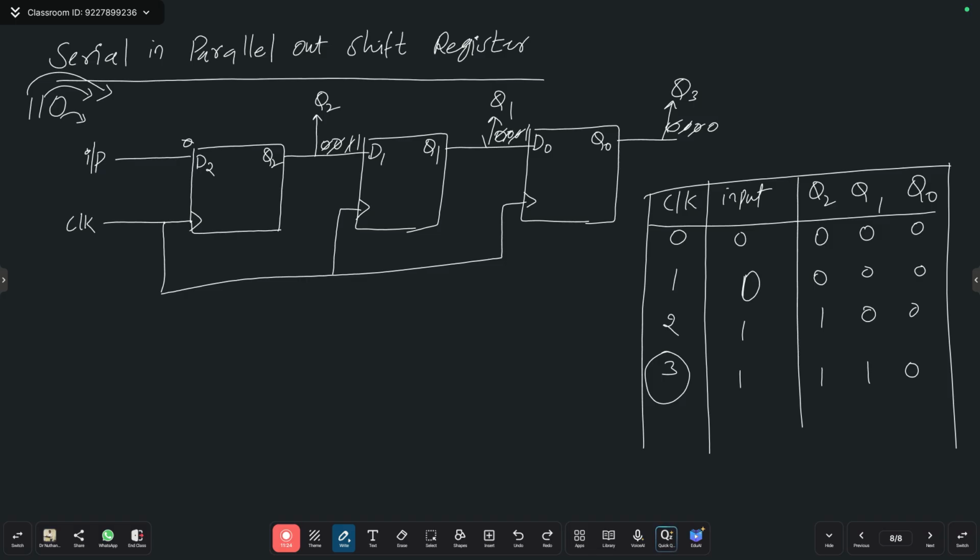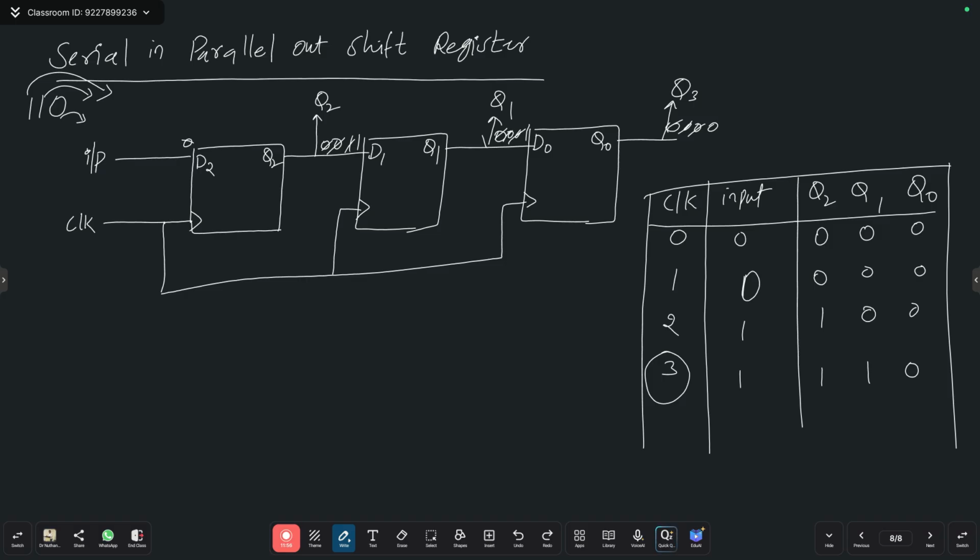Then 3-bit transmission takes 3 clock pulses. 3-bit transmission means this transmission will take all 3 bits. How many clock pulses are required? 3. For example, if you consider each clock pulse is 1 second. Each clock pulse is 1 second.